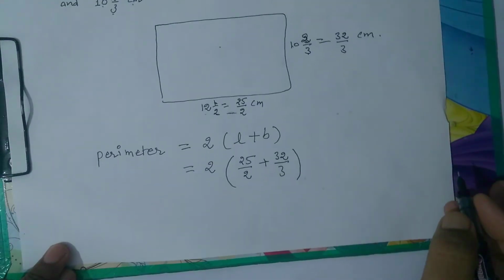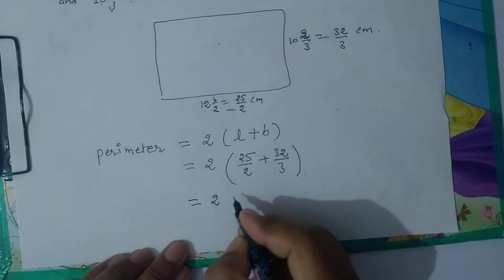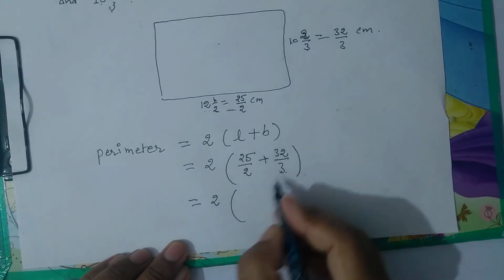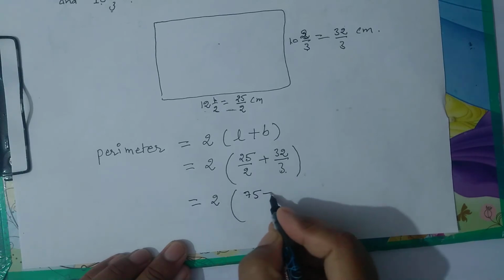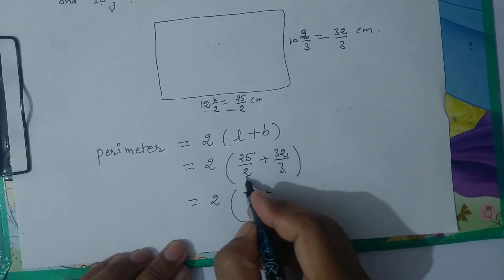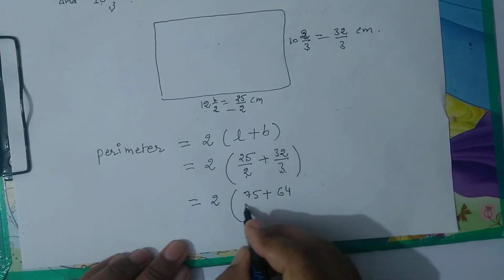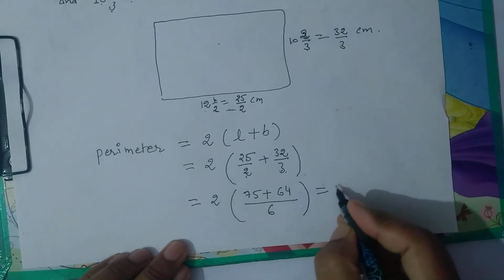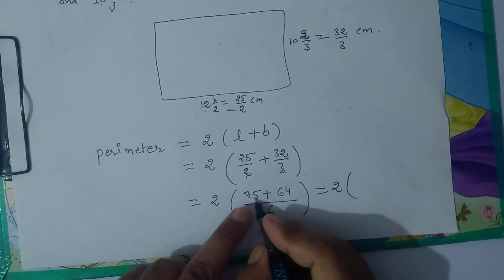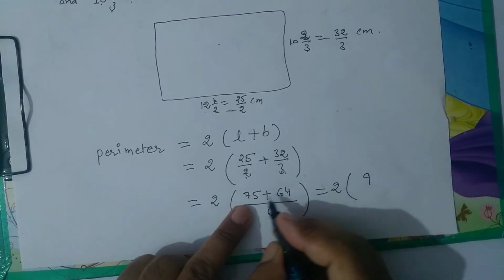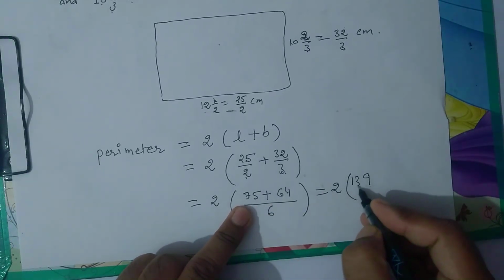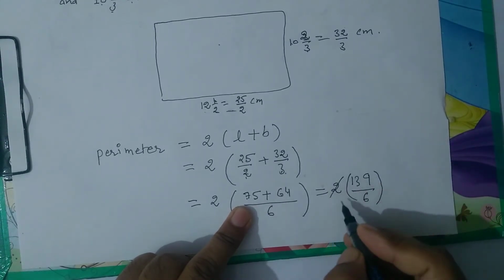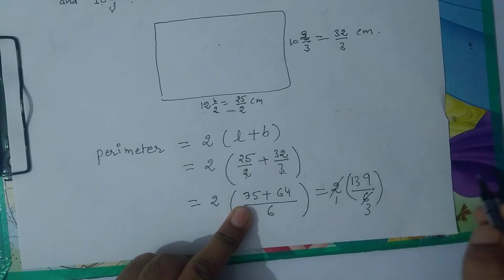So what we do now is 2 into, multiply 25 by 3, 25 into 3, 75, plus 32 multiplied with 2, 64, divided by 2 into 3, 6. So the answer is 2 into 5 plus 4, 9, 6 plus 7, 13 upon 6. Next, divide 2 into 1, 2, 2 3s are 6.